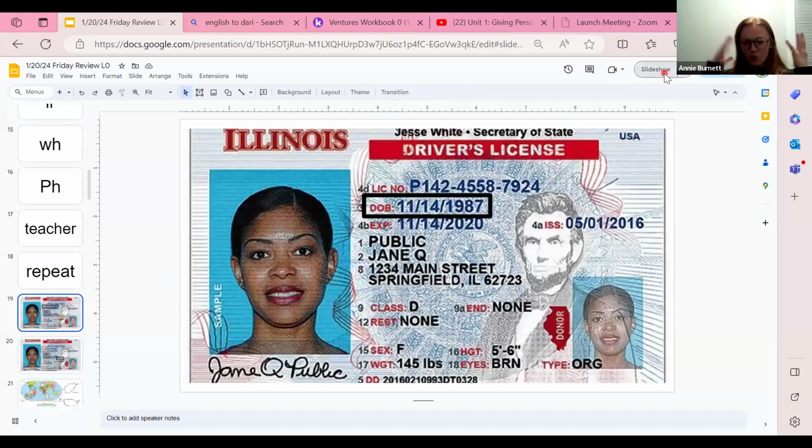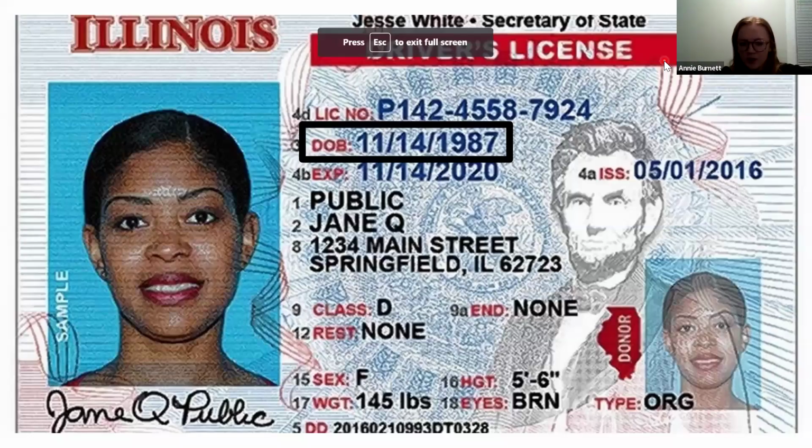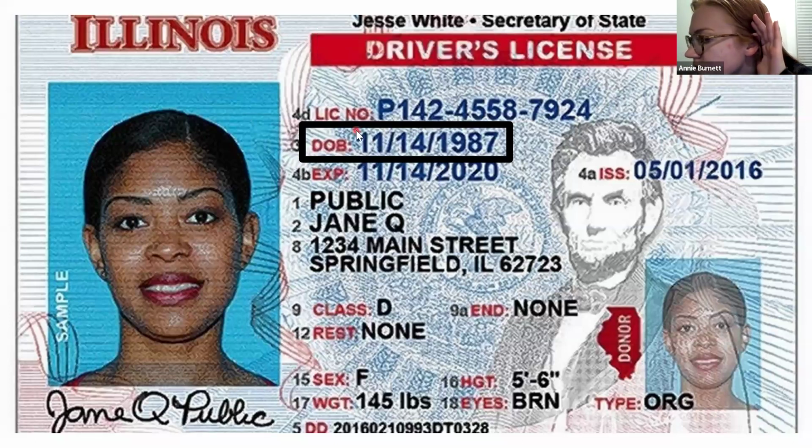Okay. What is this? What is this whole thing? ID card. Mhm. What is this here? What? Date of birth.